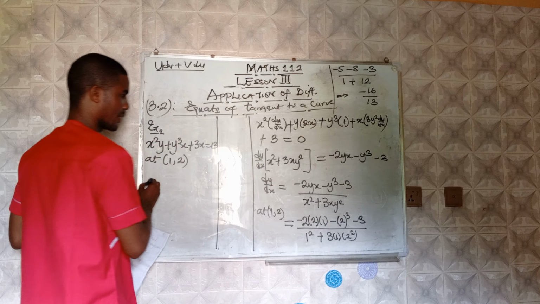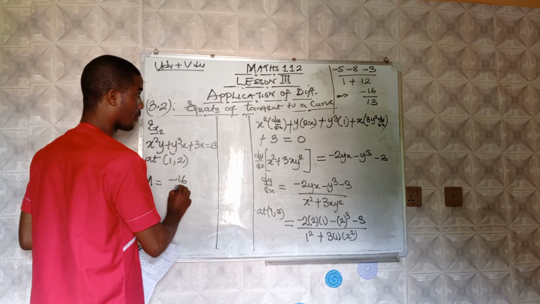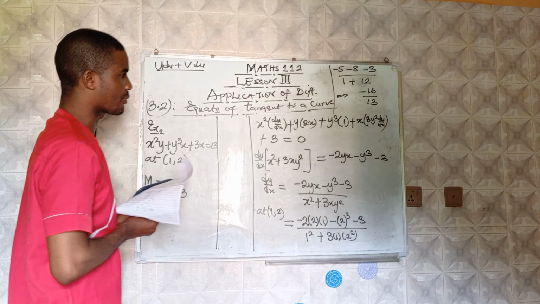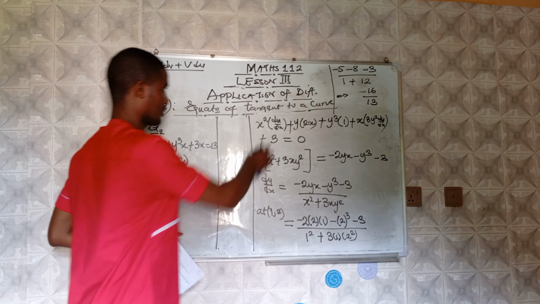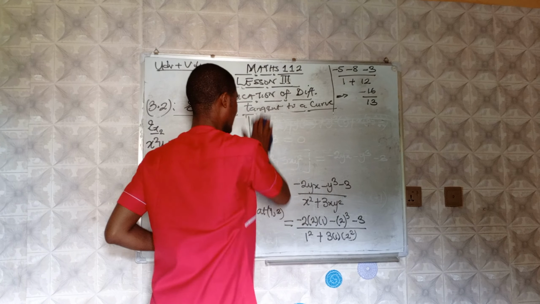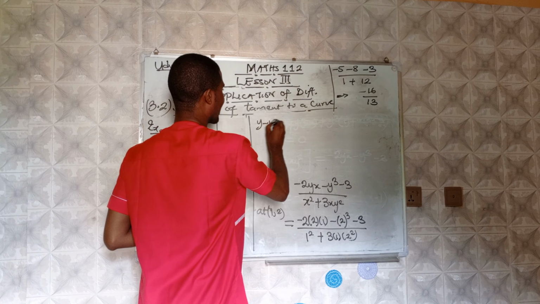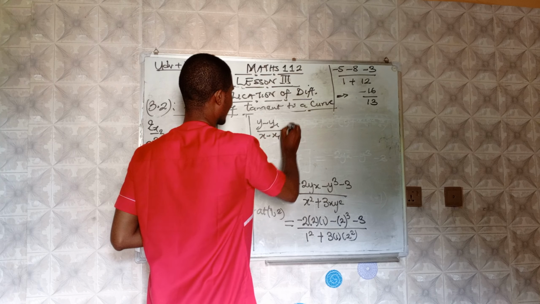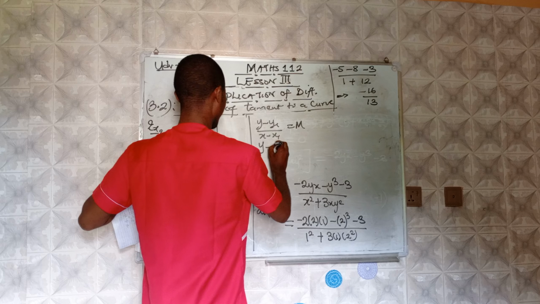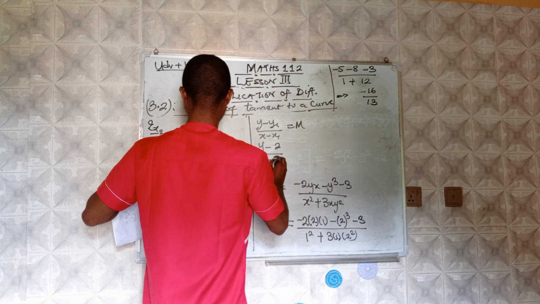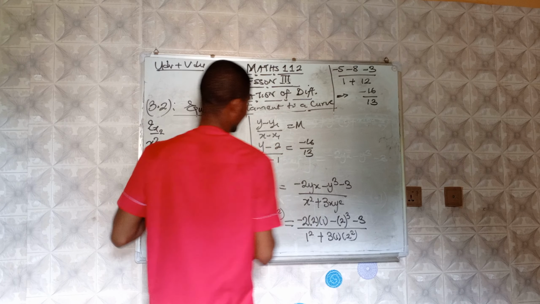So here now, we have that our m equals minus 16 over what? 13. So the next thing I'm going to get is the equation of the tangent, which becomes (y minus y1) over (x minus x1) equals m. So I have (y minus 2) over (x minus 1) equals minus 16 over 13.